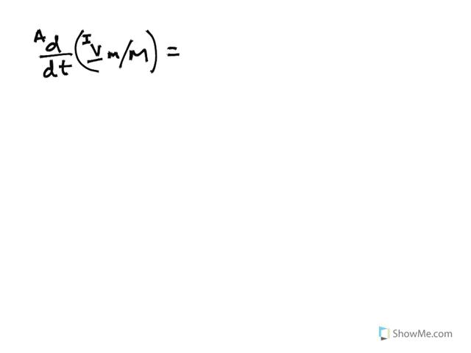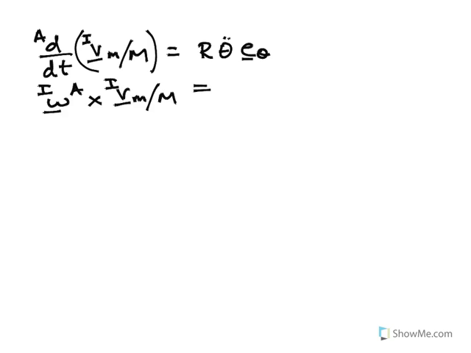Now, the rate of change in frame A of the velocity of little m relative to big M in I is equal to r theta double dot e theta, and the angular velocity of A in I crossed with the velocity of little m relative to big M in I is equal to theta dot Ez crossed with r theta dot e theta, which is equal to minus r theta dot squared er.